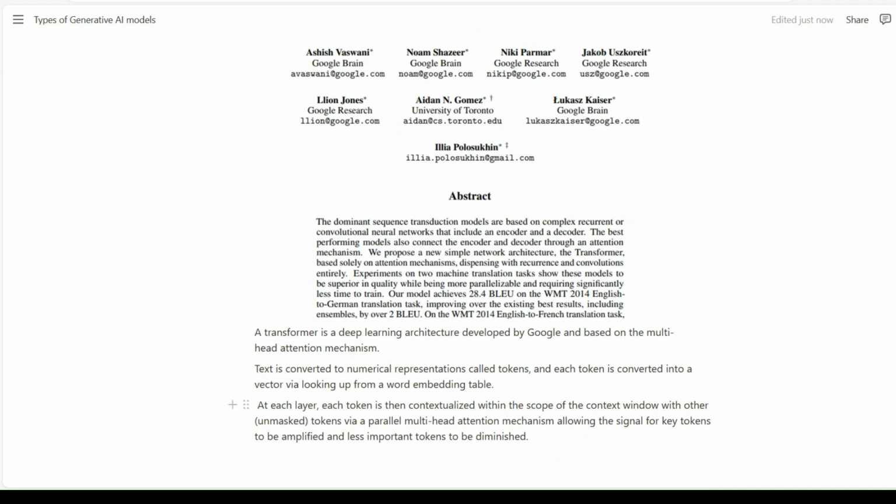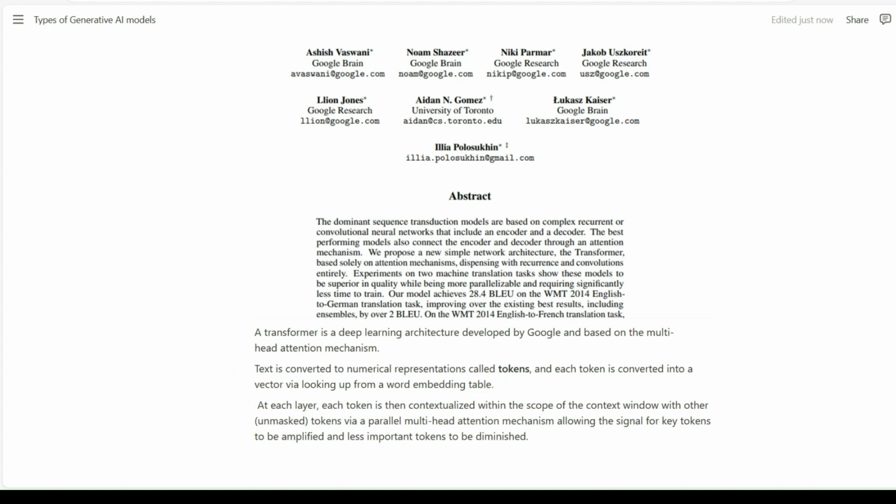It states that a transformer is a deep learning architecture developed by Google based on the multi-headed attention mechanism. So what does it do? The text is converted to numerical representations called tokens, and each token is converted into a vector by looking it up from the word embedding table.